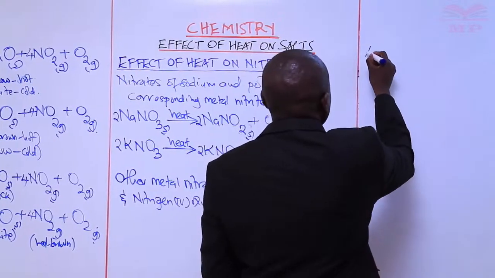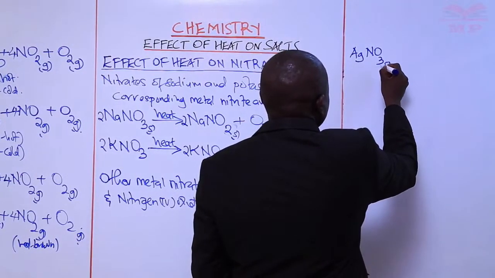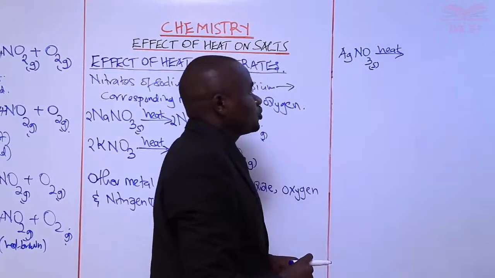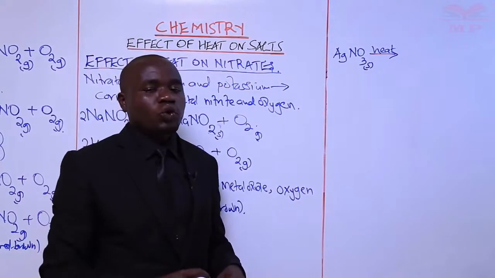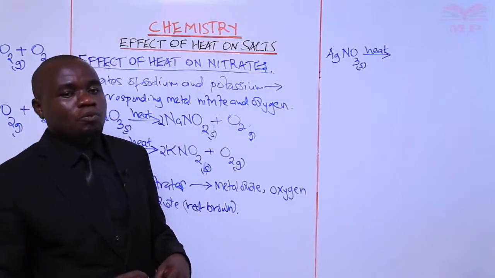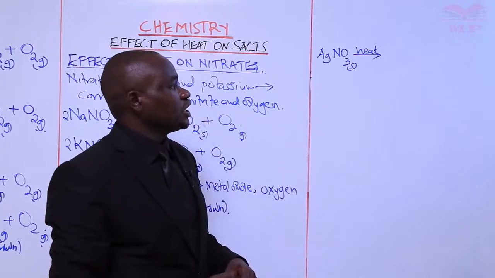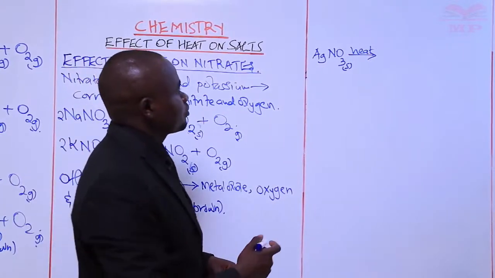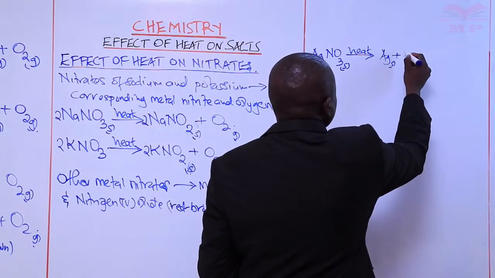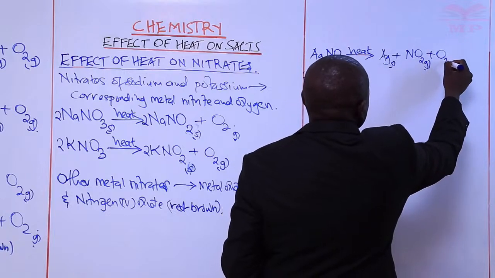As you know very well, silver is a less reactive metal. So its nitrate, when it is acted upon by heat, decomposes to give you 3 products. So here we shall get the corresponding metal, and that is silver metal, plus nitrogen oxide, and then plus oxygen.